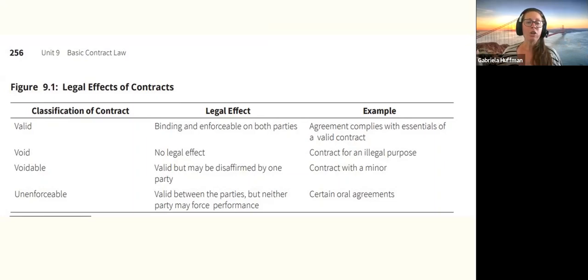So I could go out to drinks with a client, we sign a legal document, they can wake up tomorrow and say, I'm not quite comfortable with what I signed yesterday. I was under the influence. So that one party, the one who is under the influence, can disaffirm or rescind what they had signed. Now, it's not automatic. There is a statutory period in which this happens, which we let the courts decide on.